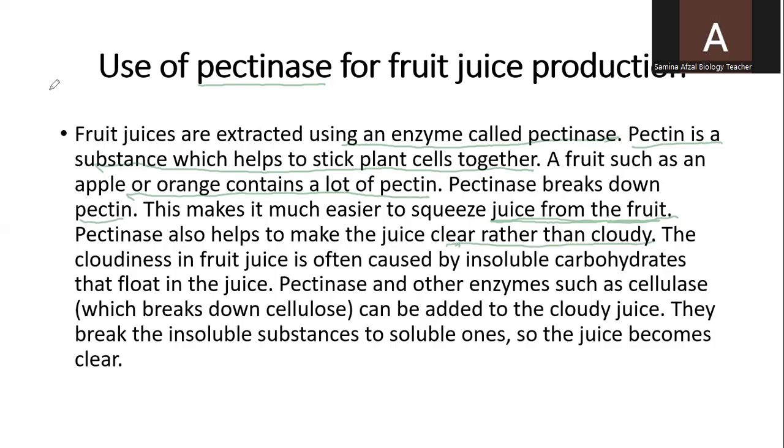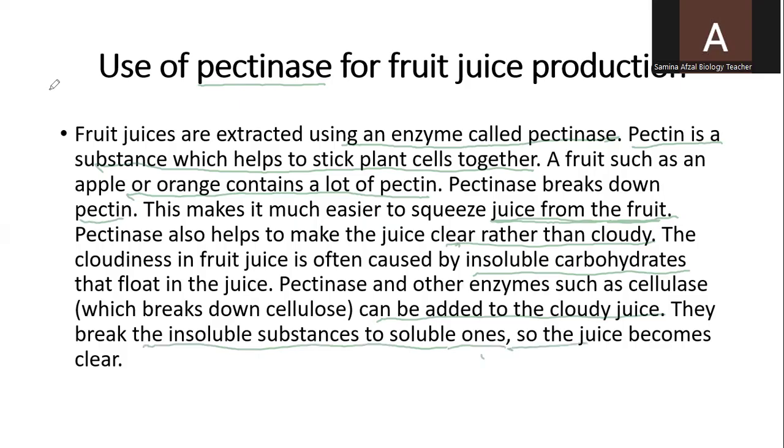The cloudiness in fruit juice is often caused by insoluble carbohydrates. So pectinase and other enzymes such as cellulase can be added to the cloudy juice. They will break down the insoluble substances into soluble ones, so the juice becomes clear.